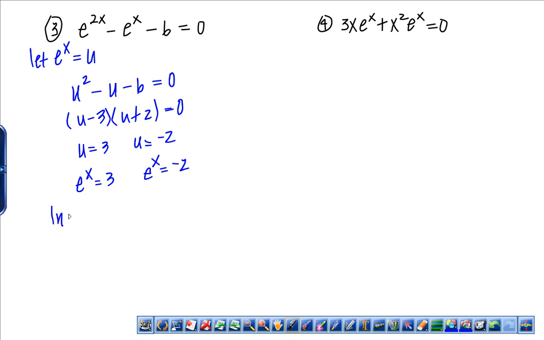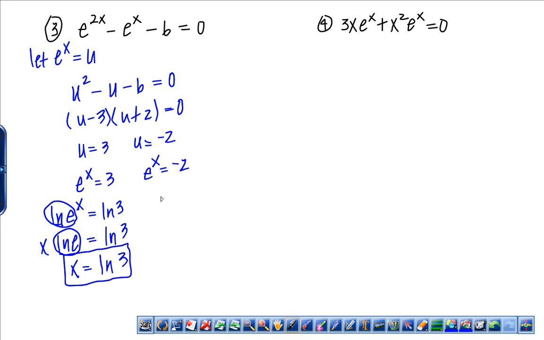So natural log of e to the x is equal to natural log of 3. Remember, natural log of e is 1. So if I have x times natural log of e and natural log of 3, that's 1. So x is equal to natural log of 3.